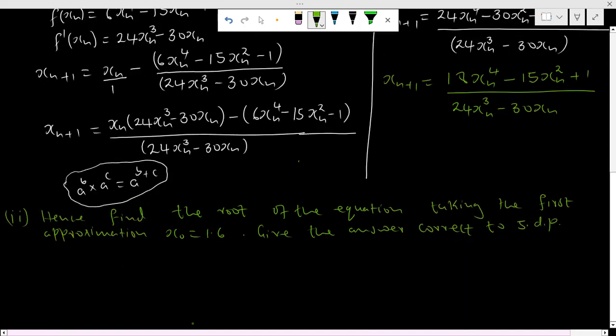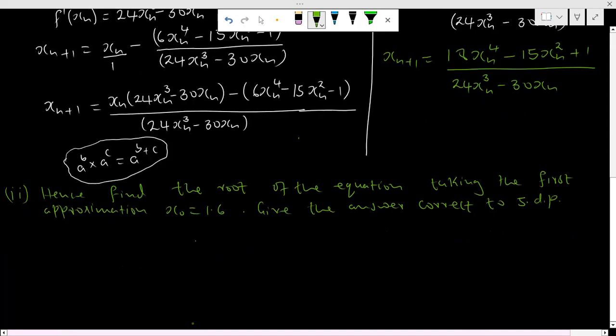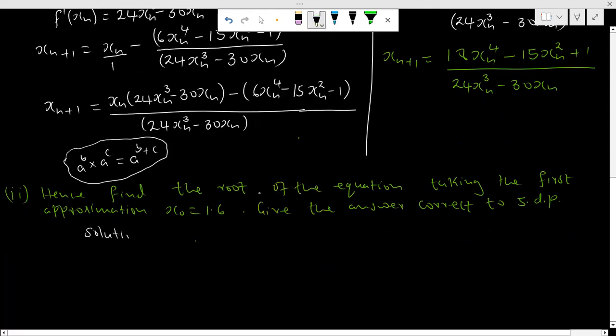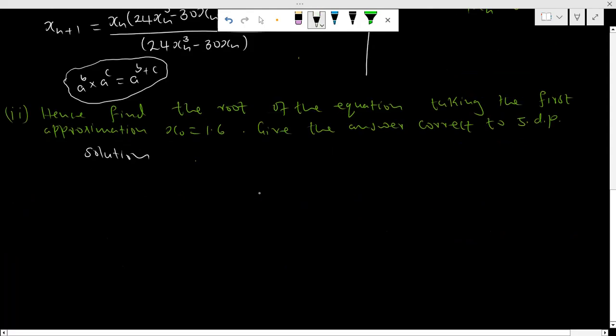Now, in this question, we are not going to start from the Newton-Raphson method. We will start from what we have already proved. Solution.